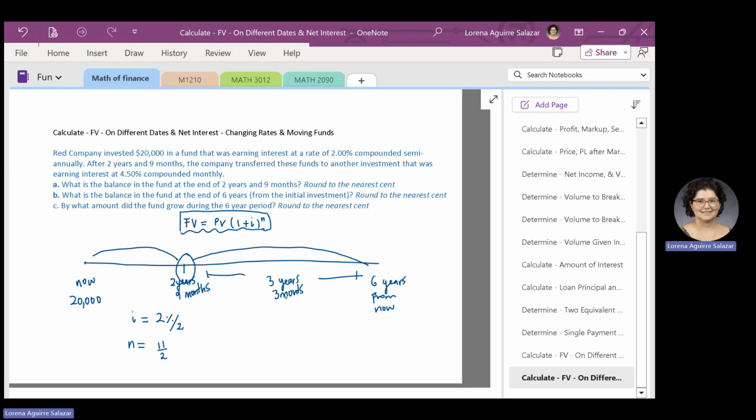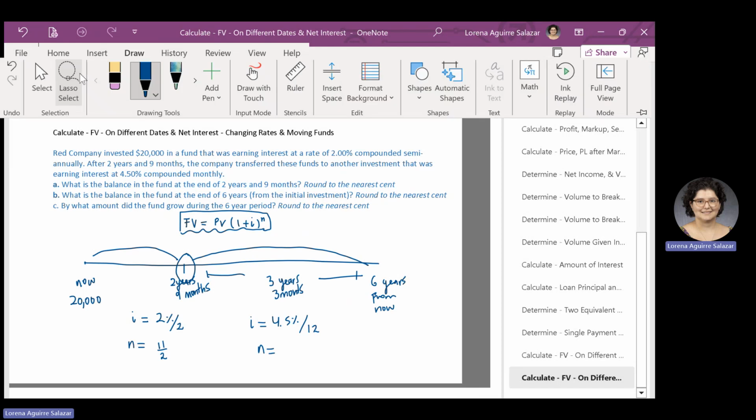And we use the formula again, this time with 4.5% compounded monthly divided by 12, and n, the total number of compounding periods during the second term of 3 years and 3 months, turned out to be 39.